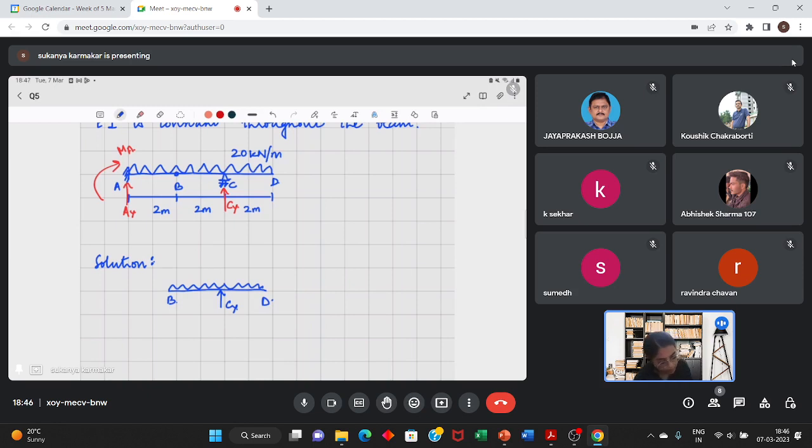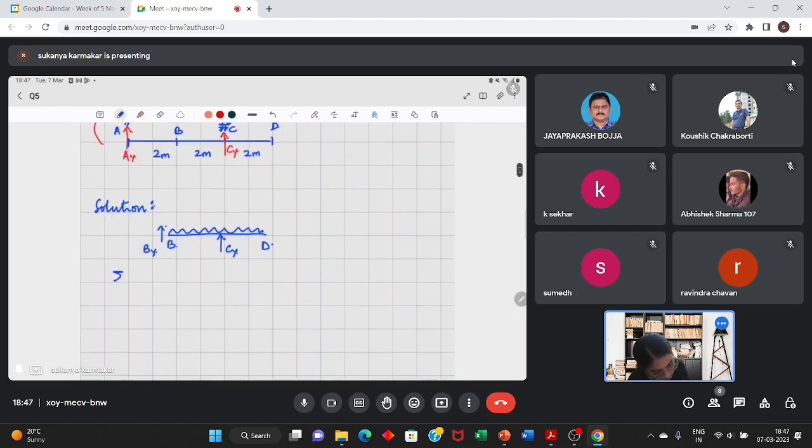So moment is 0. So only there will be a shear Vy. So I'll take the moment about point B. So the contribution of By will disappear.